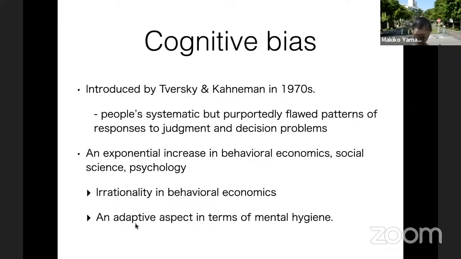But we have done some studies regarding irrational decision making associated with dopamine, conducted by a former researcher in our research center, Dr. Takahashi. I'm going to introduce his study for a bit.